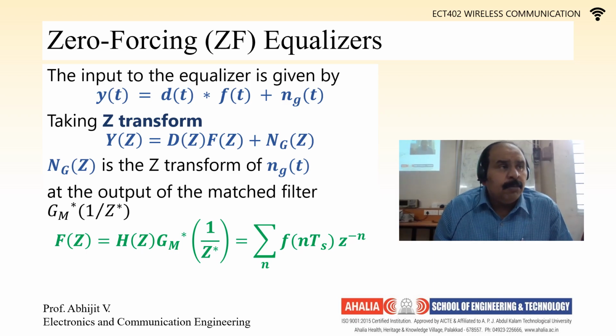This is an algorithm we are going to design to eliminate intersymbol interference. So now let us take the Z transform. Y of z is equal to d of z, f of z plus ng of z, where ng of z is the Z transform of ng of t.